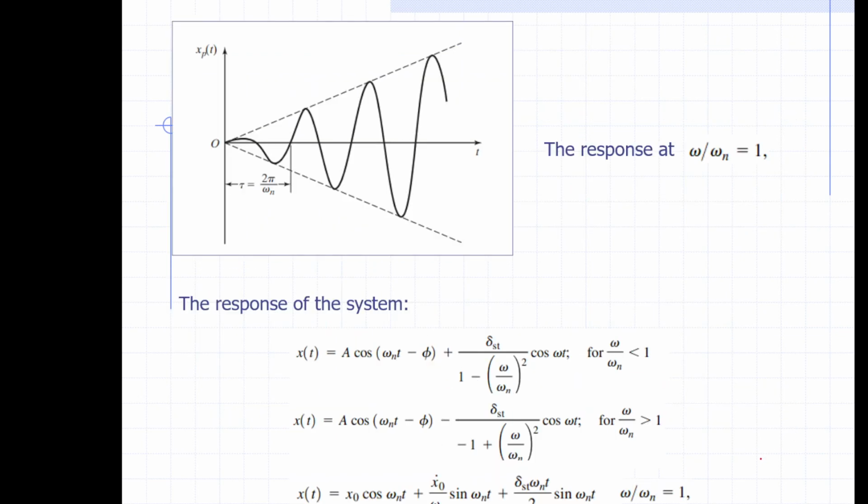And if you plot this curve, you can see that the amplitude of the oscillation grows over time. So here is the summary of the solution for the 3 cases.